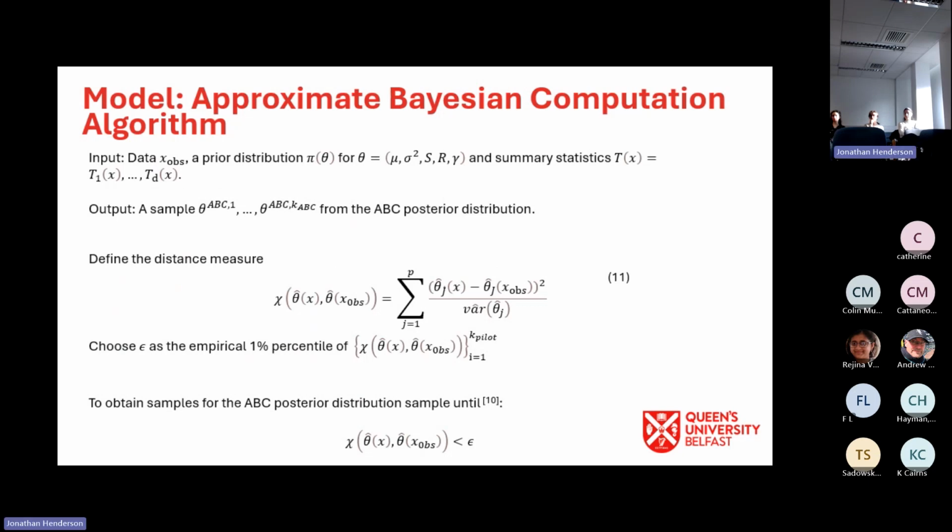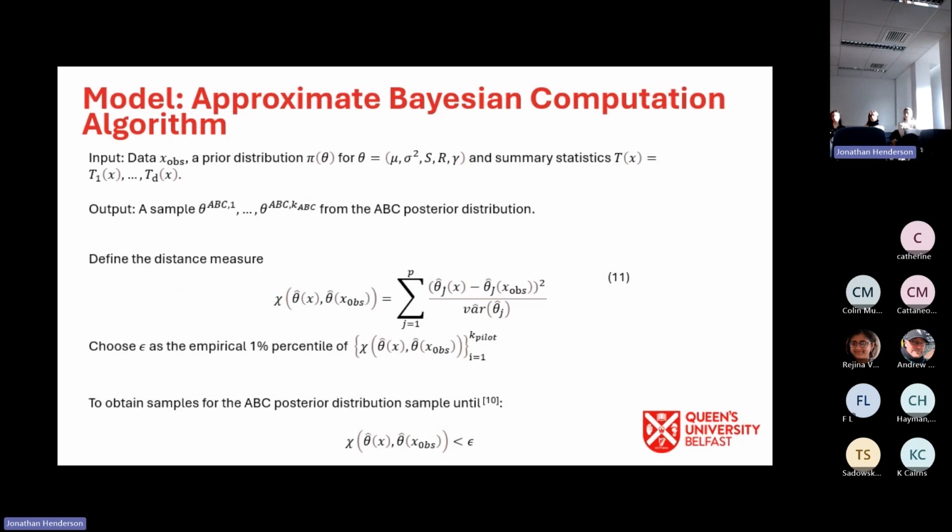So this is the approximate Bayesian computation algorithm. It probably looks quite intense at the minute, but essentially what we have is our observed point pattern, and then we can simulate patterns that will be a realization of our log Gaussian Cox process. For the approximate Bayesian computation algorithm, we select values from our prior distributions for theta.